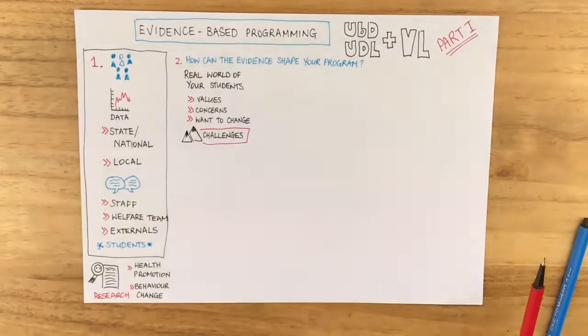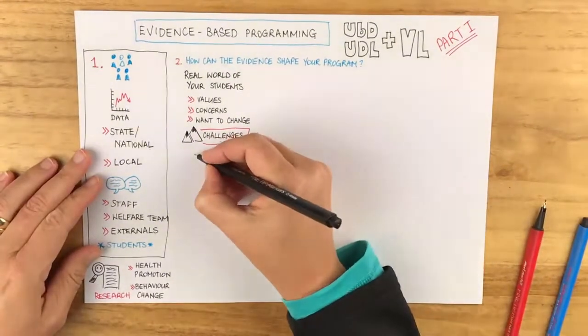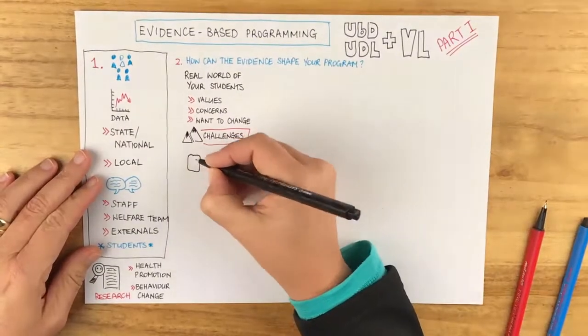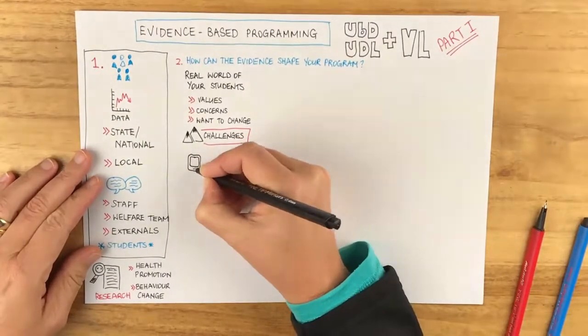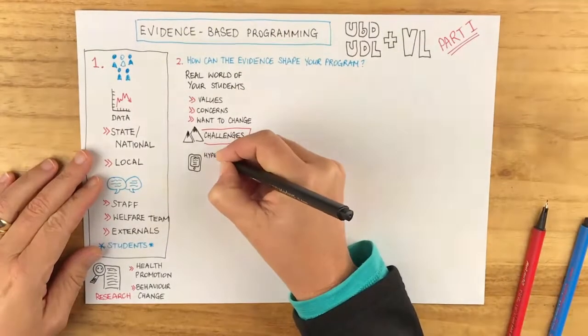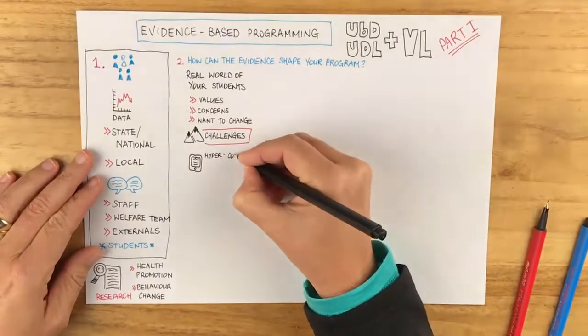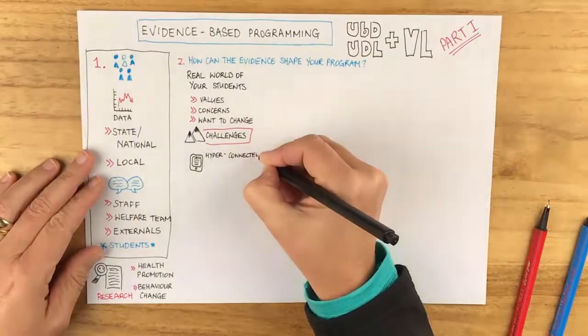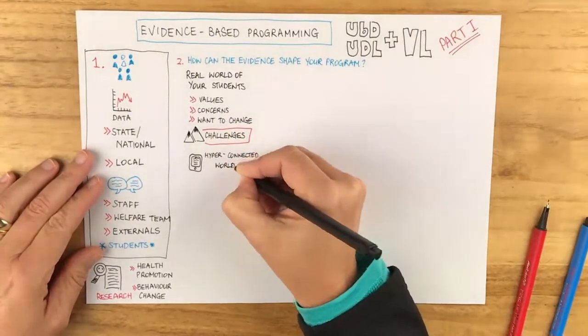So some of these challenges that your students might encounter could be things like living in a hyper-connected world, where they're always connected, their digital devices are always with them and always on.